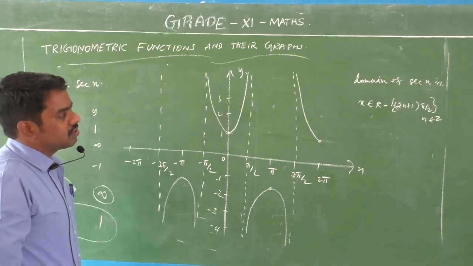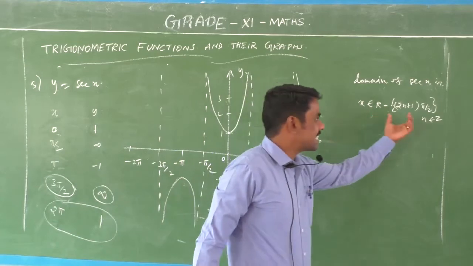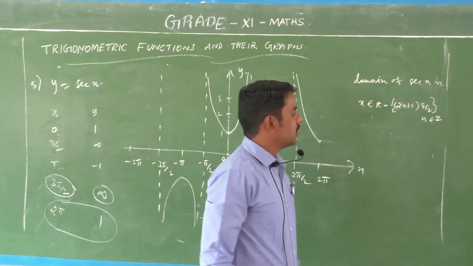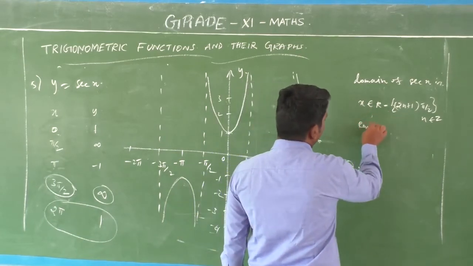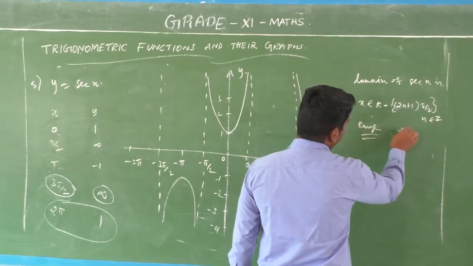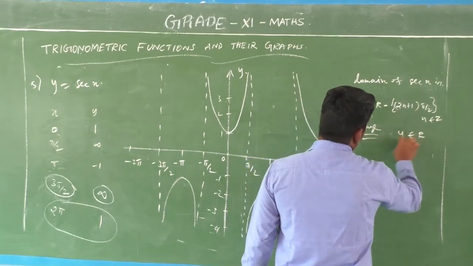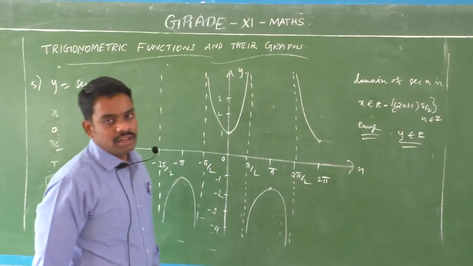So x belongs to R except odd multiples of pi by 2. Okay. Then the range of this curve, y belongs to R, the set of all real numbers.